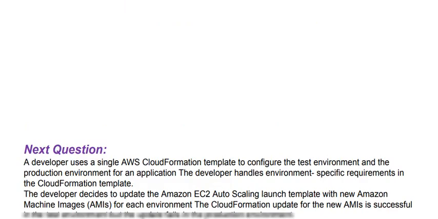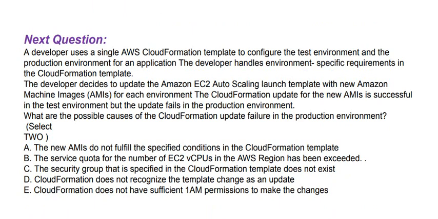Next question is, a developer uses a single AWS CloudFormation template to configure the test environment and the production environment for an application. The developer handles environment-specific requirements in the CloudFormation template.